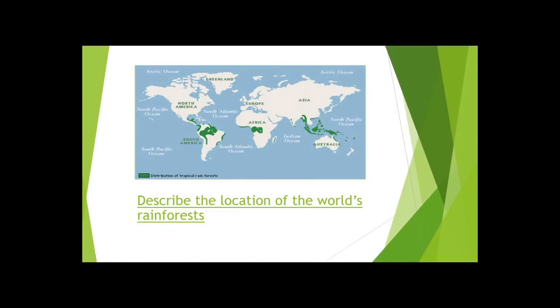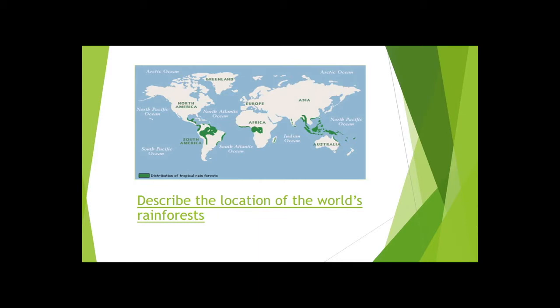On the board I have a distribution of tropical rainforest around the world map. What I would like you to do is, in your book or your notepad, describe the location of the world's rainforests. What I would like to see is inclusion of continents or countries that these rainforests are in.